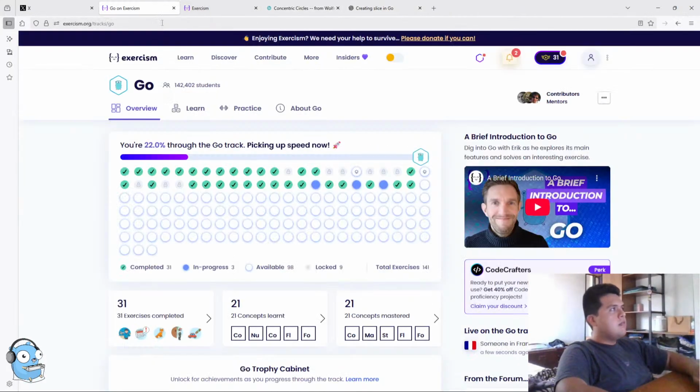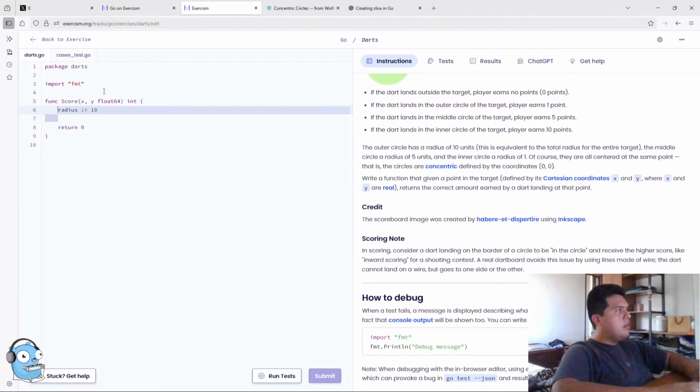Okay. If x multiplied by x plus y multiplied by y. Okay, the position equals x multiplied by x plus y multiplied by y.